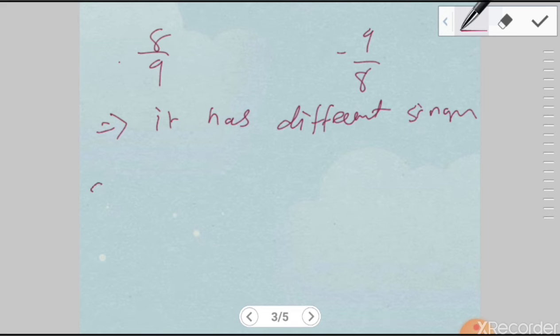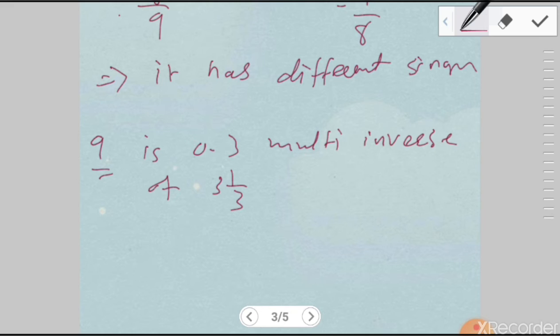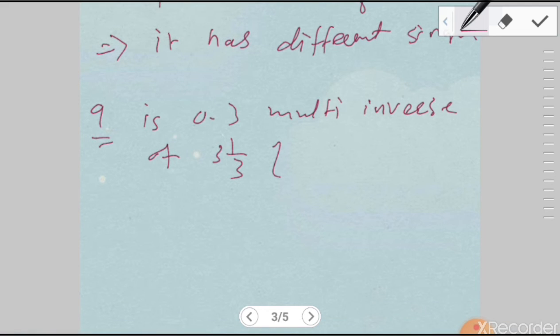And another question, the ninth one: is 0.3 the multiplicative inverse of 3 1 upon 3? Why and why not? So let's take both numbers, 0.3 and here we have 3 1 upon 3.